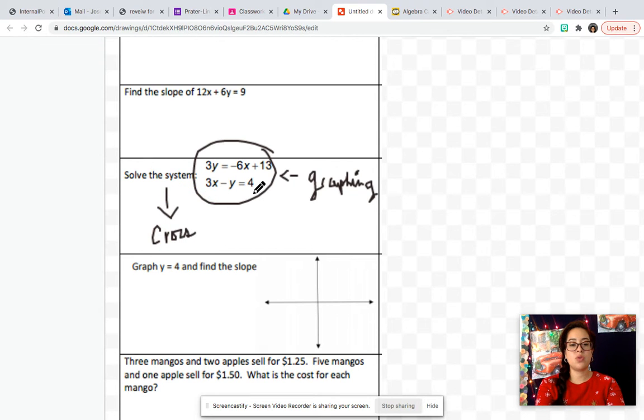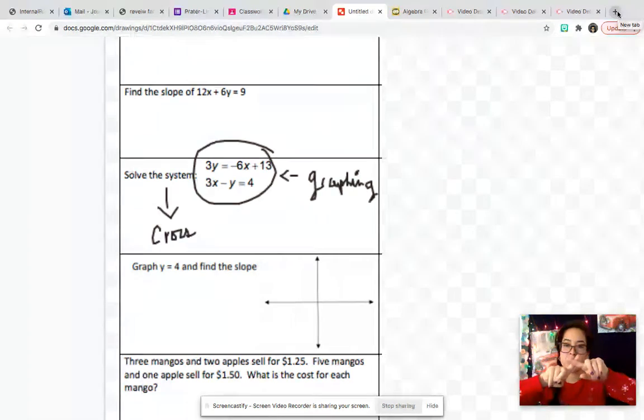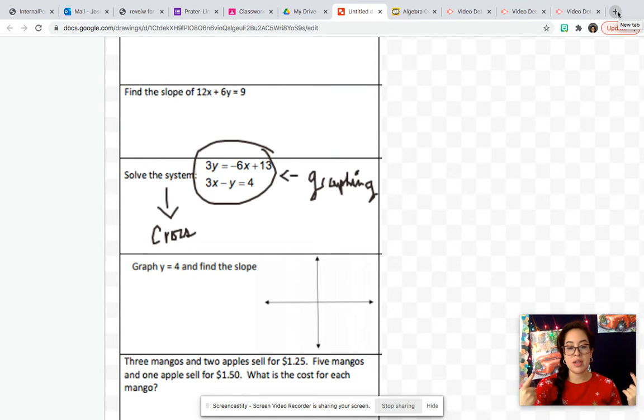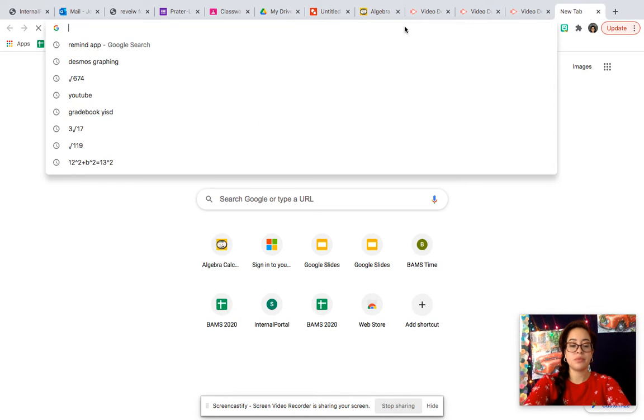When do these two cross? If you understand that solving a system is when those two cross, then you would automatically think, oh, I could just use a graphing calculator for that.